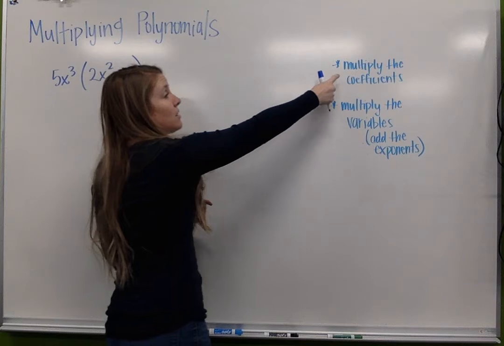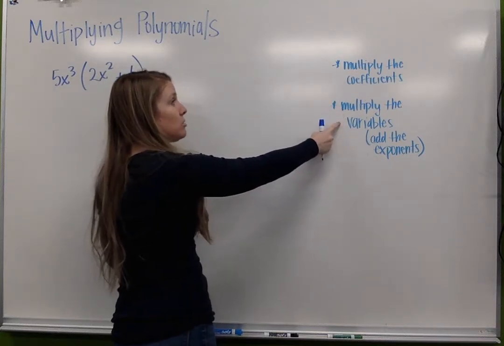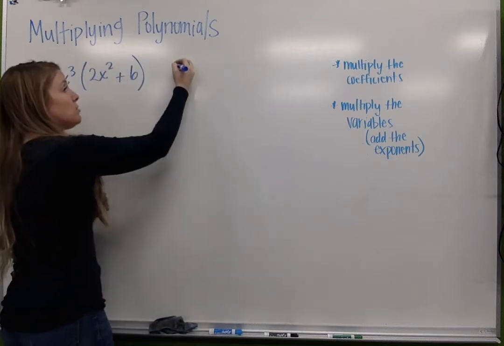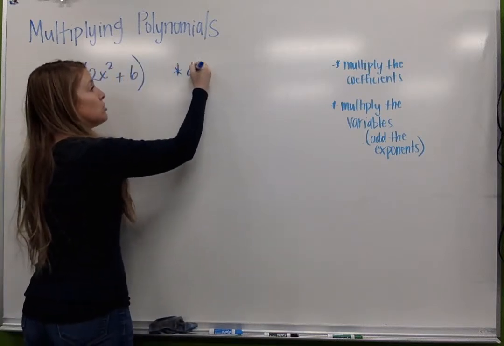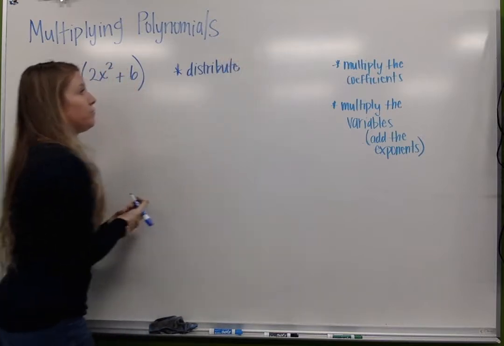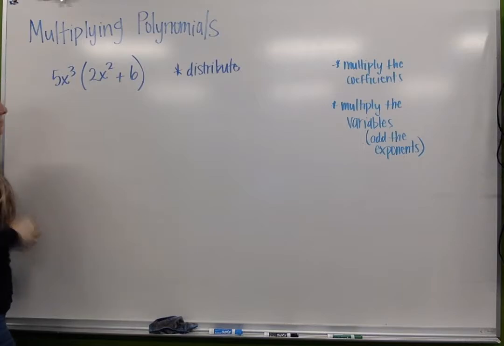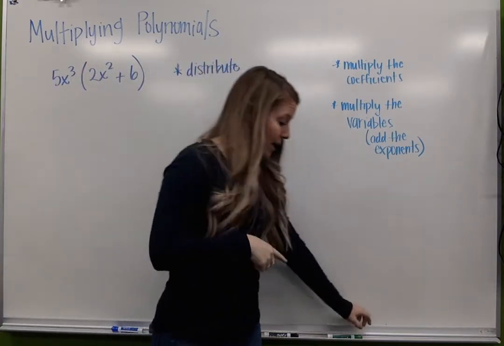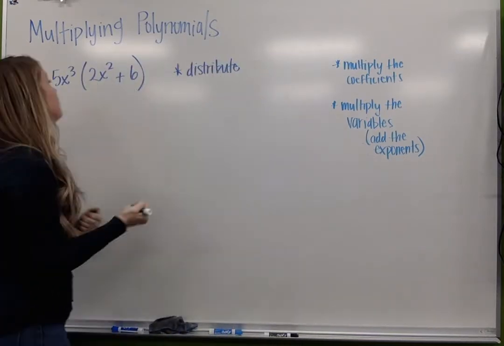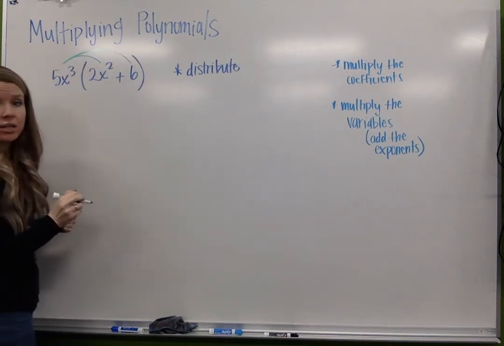Here, we're still going to multiply coefficients to coefficients, variables to variables. But before we do that, we have to distribute the multiplication. What that means is our 5x cubed has to be multiplied to the 2x squared and the 6. So we're going to go ahead and distribute this multiplication.